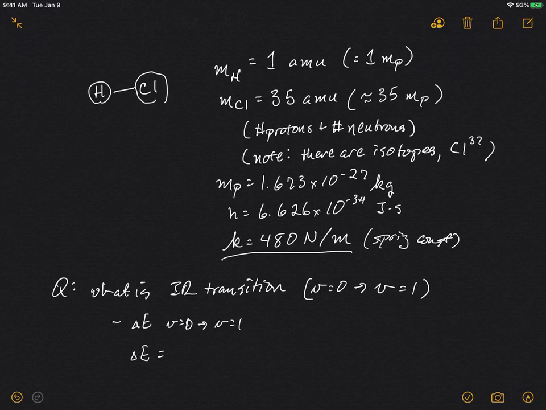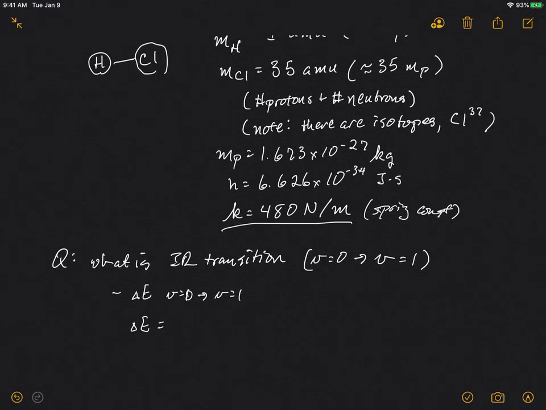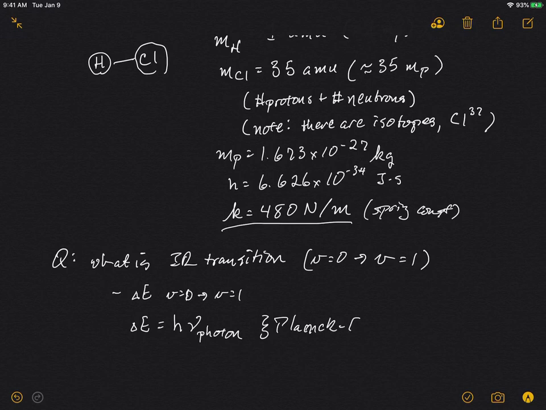And also that energy difference is going to be equal to h nu for a photon, right? This is the Planck-Einstein equation. And so we're interested in what's the frequency of that photon.